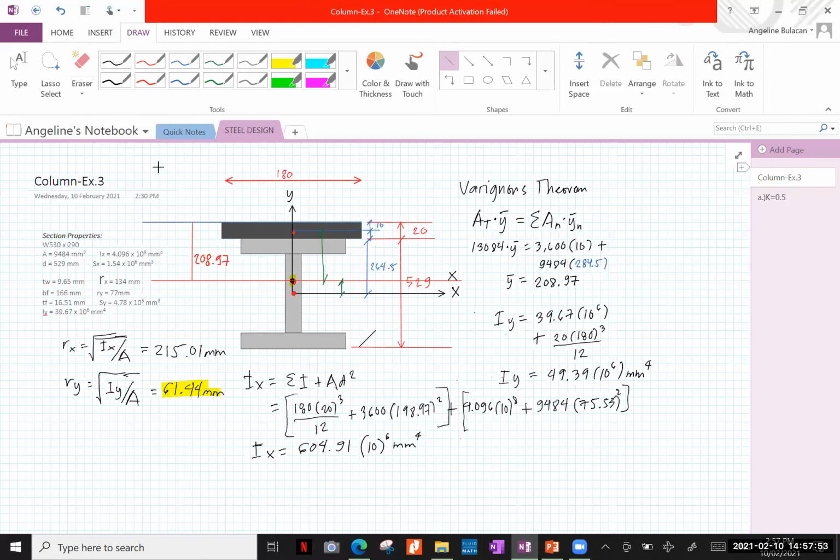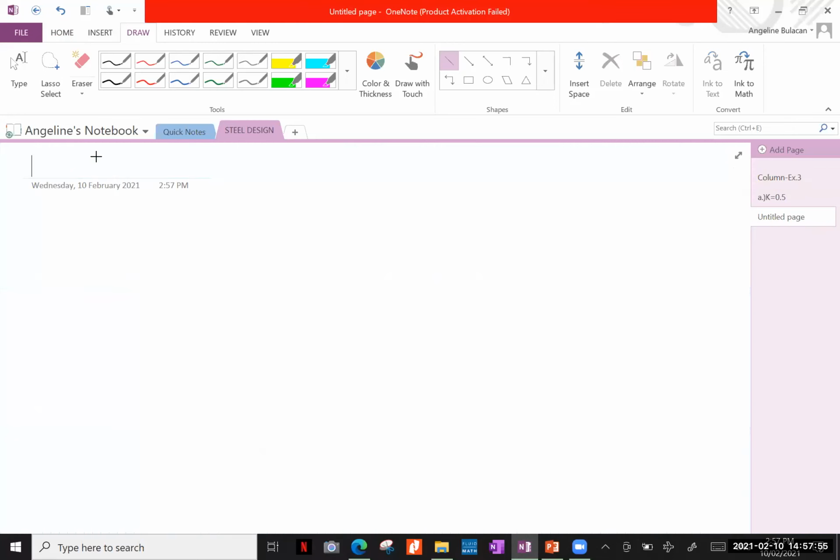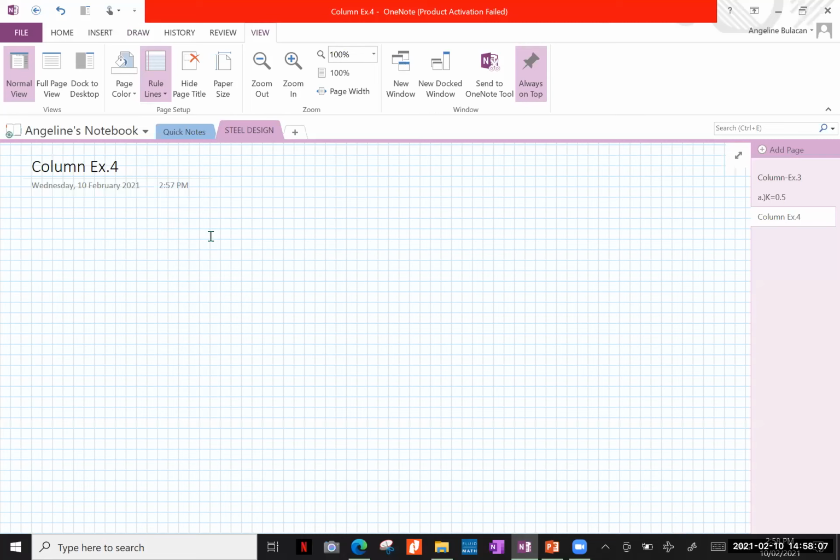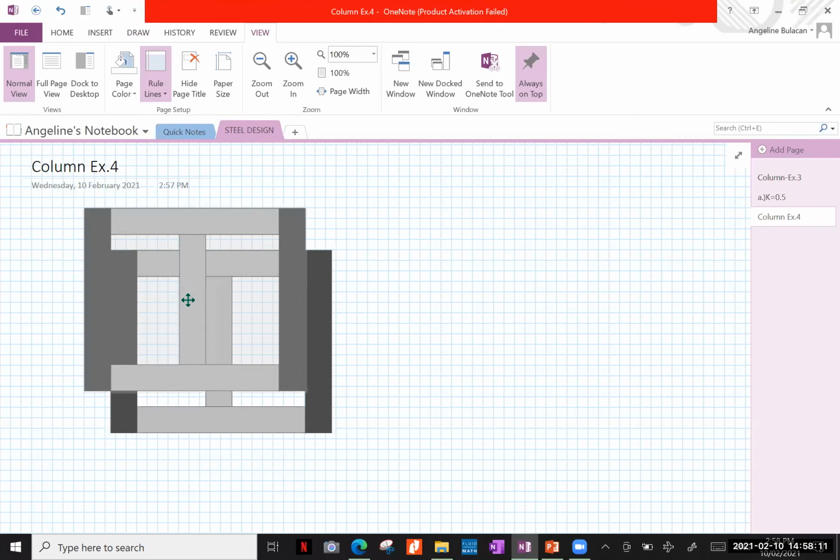This is column example 4. Copy ko yung figure. Ayan.